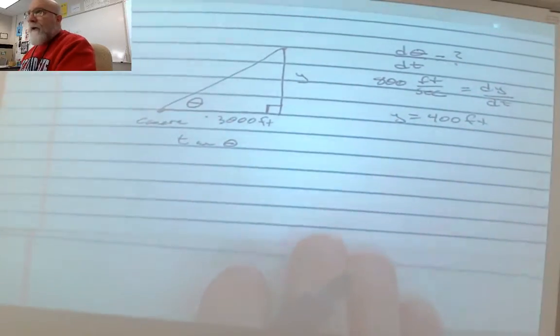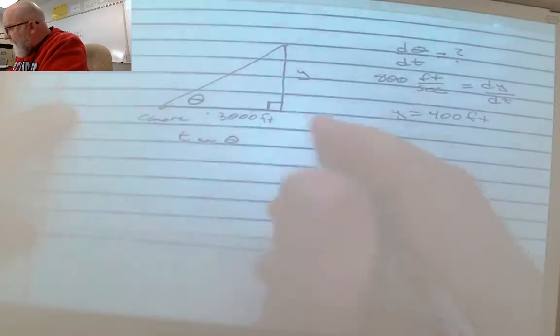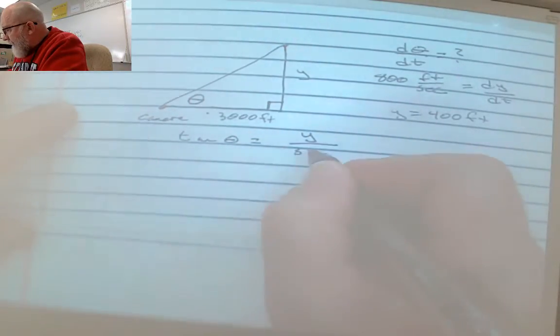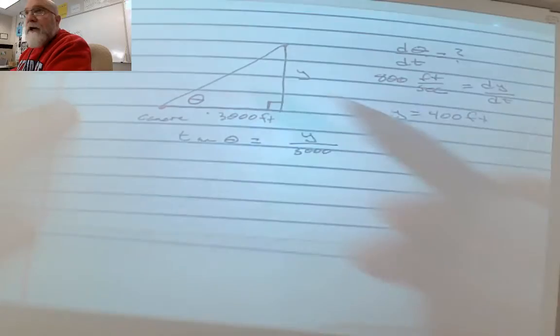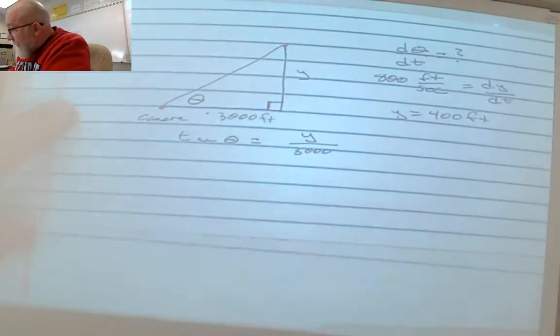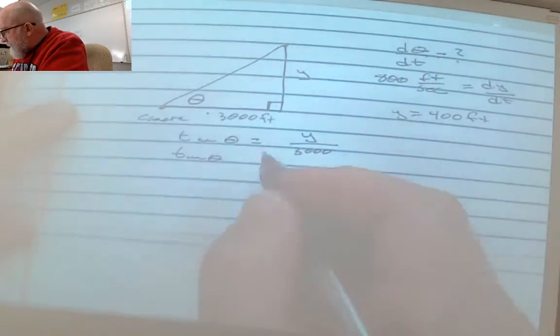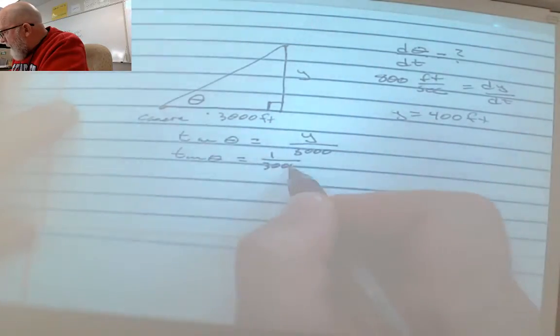That's the rate that the angle is changing. So I got the tangent of theta is equal to y over 3,000. Opposite over adjacent, correct? So I could write that as the tangent of theta equals 1 over 3,000 times y.